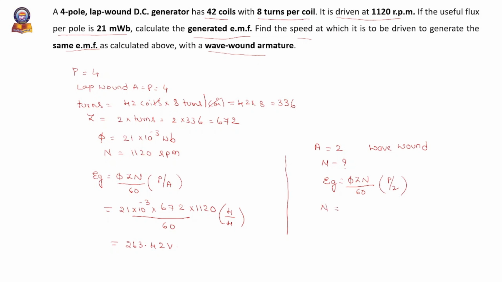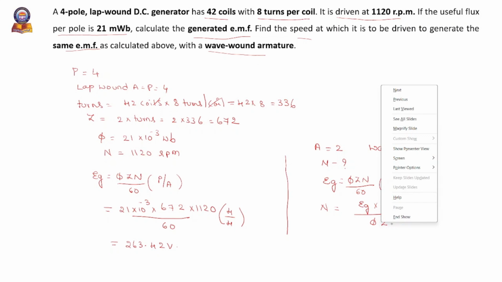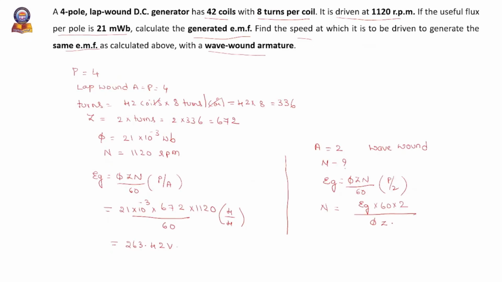So write the expression for N: Eg into 60 into 2 by psi Z P. So Eg is 263.42 into 60 into 2 by 21 into 10 to the power of minus 3 into 1120 into 672.